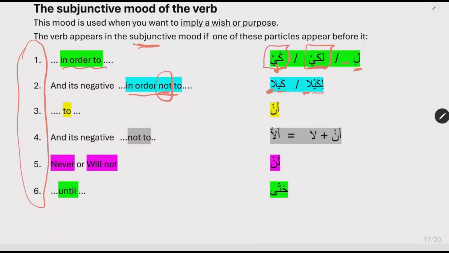The only unique thing is that li doesn't have a li la. Just remember it doesn't exist in this particular form where you're converting the positive to a negative. So there's no li la, as it were. If you want to make it negative, you have to use likay la or kay la. So that's the one group, these two, in order to or in order not to.